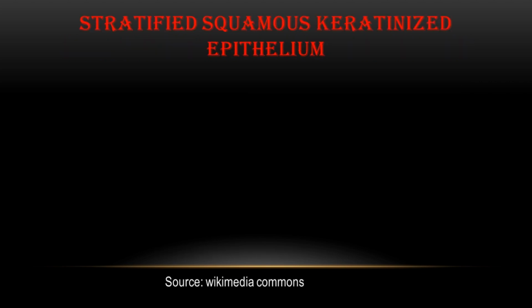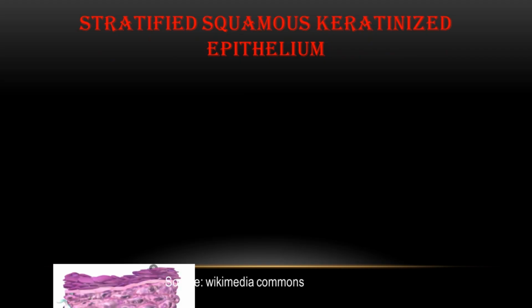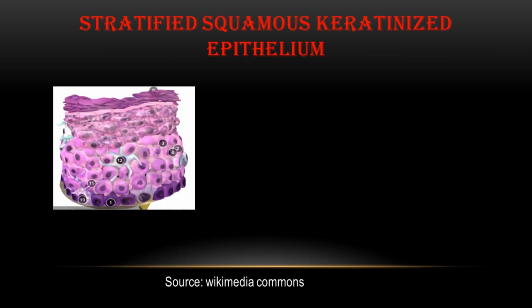Now we have stratified squamous keratinized epithelium. Here you can see in this picture multi-layered cells, shown with the dead and enucleated cells in the uppermost layer. This is a schematic diagram.